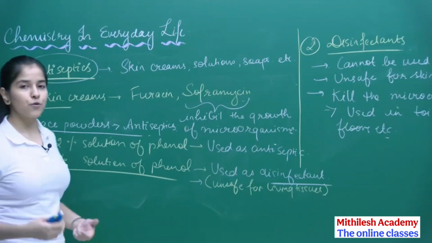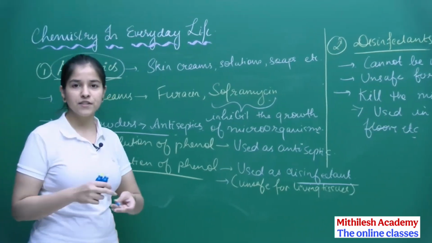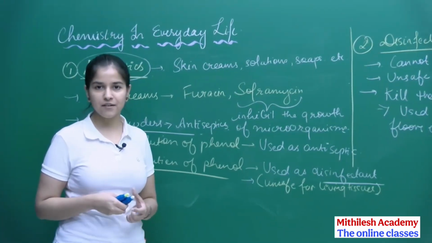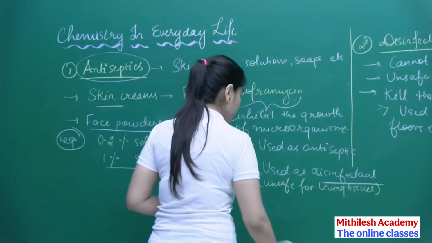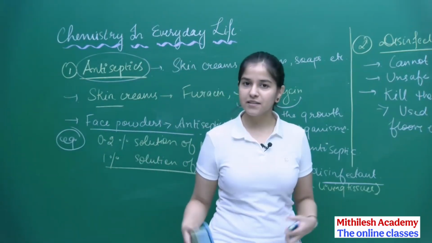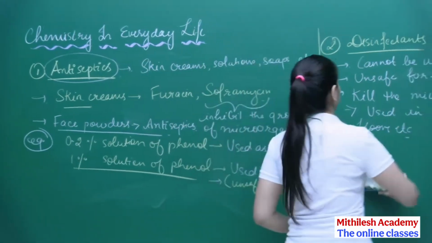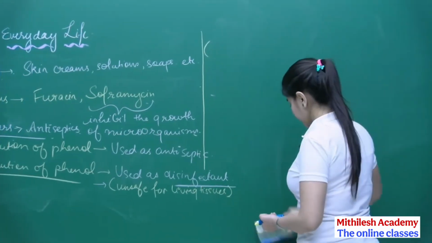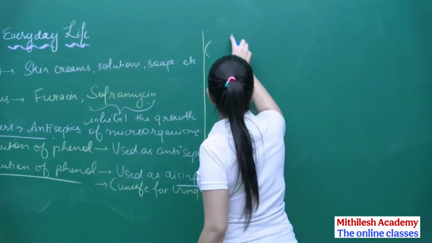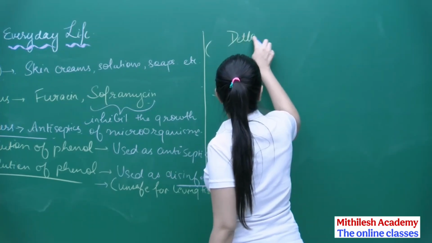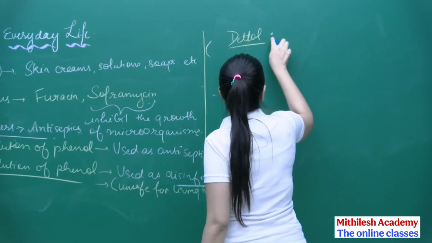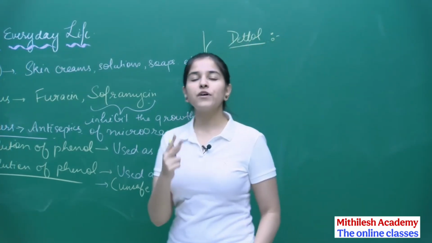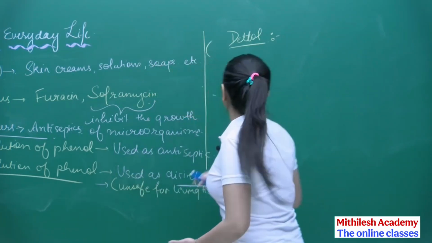Now let's move on to another kind of solution that we have in our daily lives. One of the most prominent, as I told you, is Dettol. We use Dettol most of the time. So Dettol basically has 2 kinds of chemicals involved. What kind of 2 chemicals does it have?